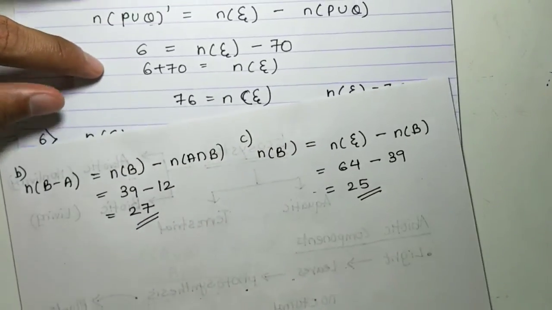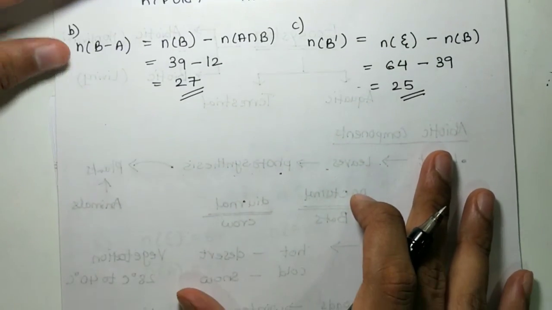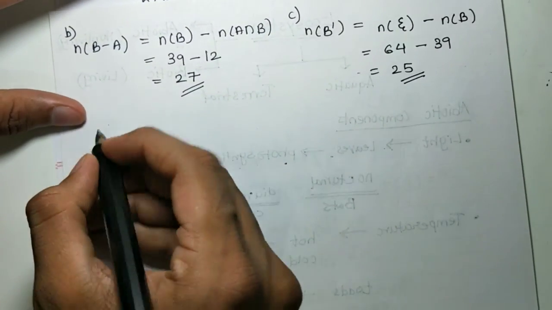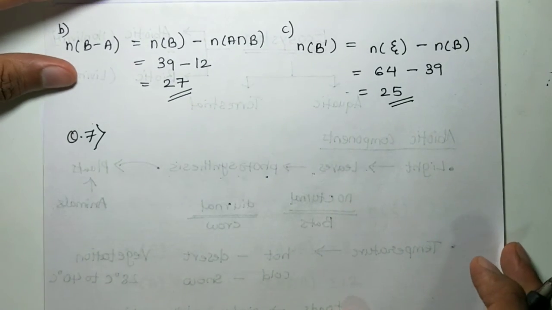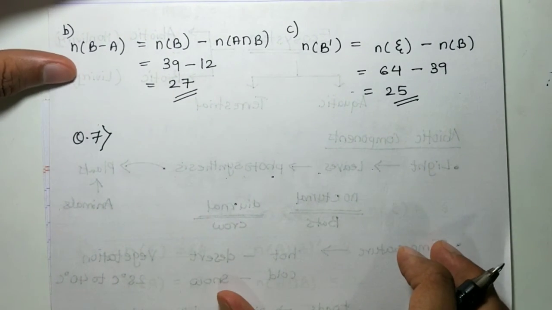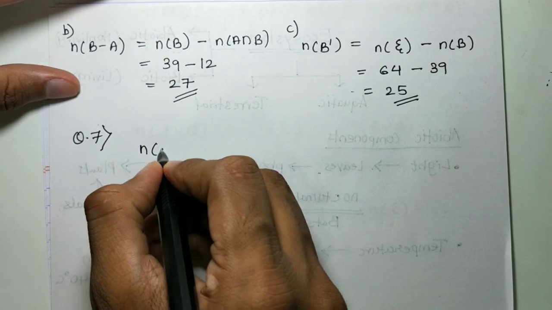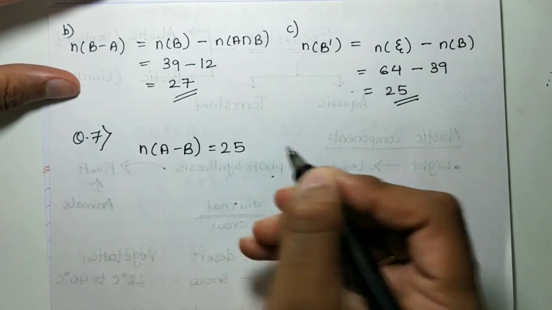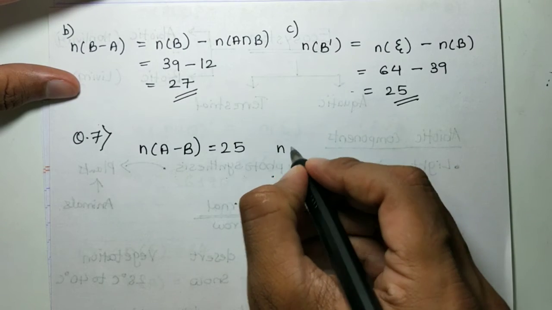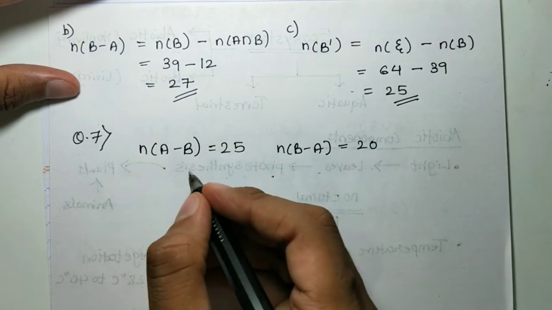Next, let's do question number 7. Now, in question number 7, you have to use the last formula I gave you. A minus B is 25. B minus A is 20.